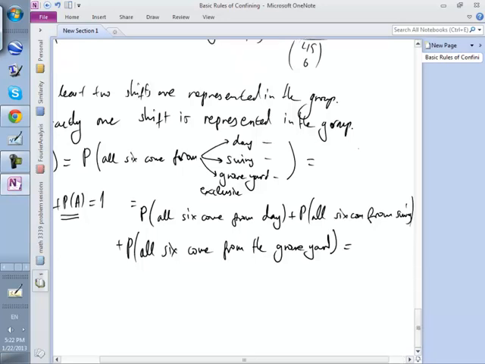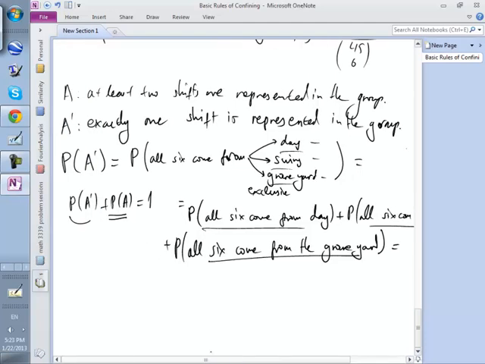So I added the probabilities because these 3 events, these here, are all exclusive, mutually exclusive as we say. So the sum of these probabilities gives the probability of A prime.